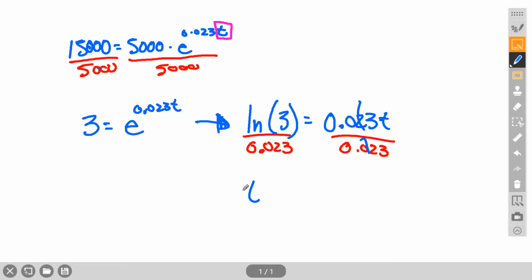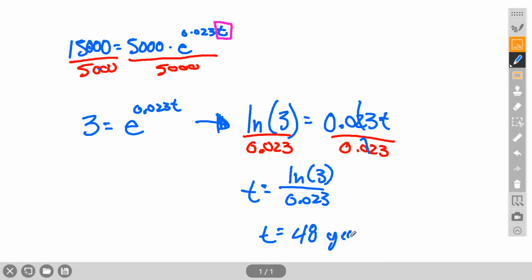So that leaves us with t, which can be calculated by taking the natural log of 3 and dividing that by 0.023. This is something that can be done in the calculator. So the natural log of 3 divided by 0.023 gives us 47.76. So we'll just round it up to 48 years. So it will take this account 48 years to reach $15,000.